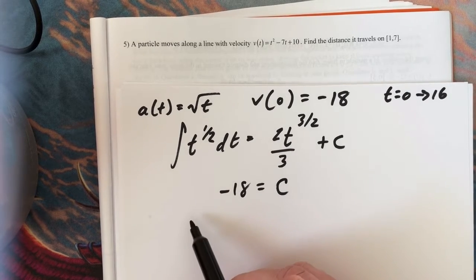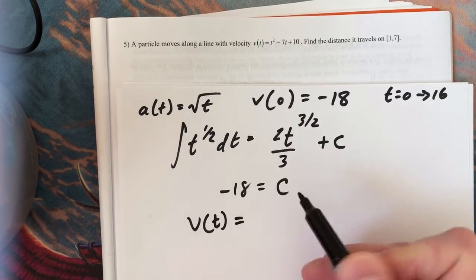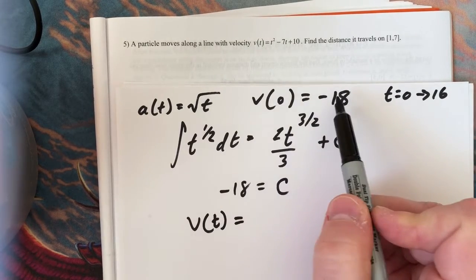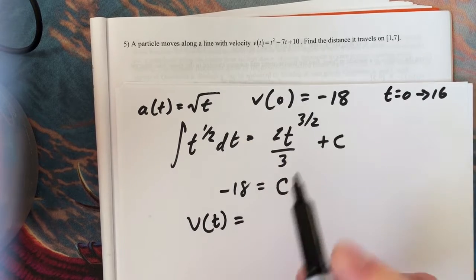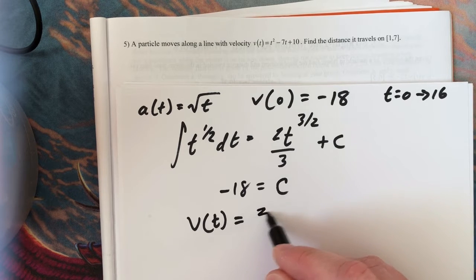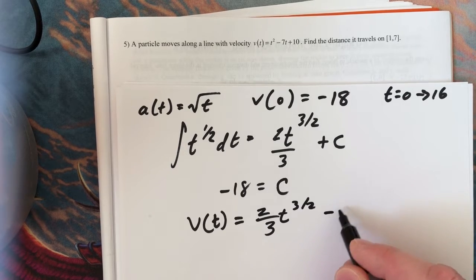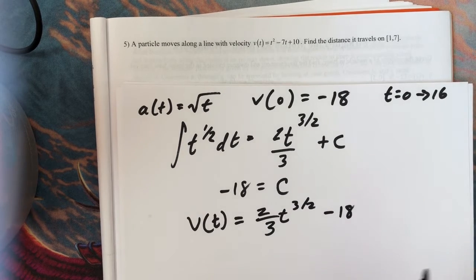So this is very typical. A lot of times they'll start with acceleration, they'll give us some kind of initial condition, and they'll make us solve. So then we got 2/3 t to the 3/2 minus 18. This is our velocity.